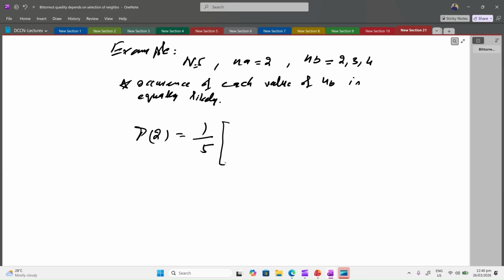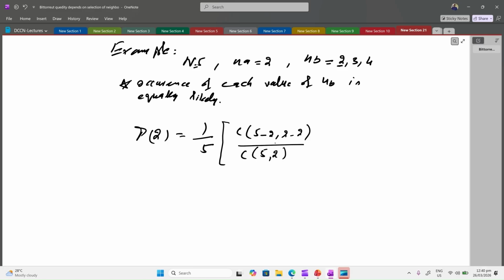So, for example, first we'll have N is 5, 5 minus 2, and then for the first value of NB, which is 2, 2 minus 2.